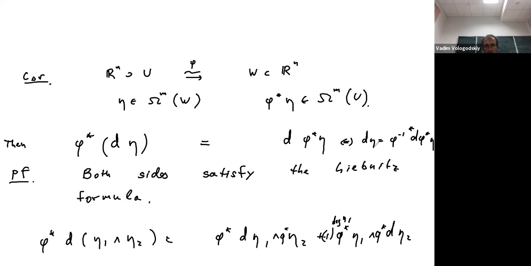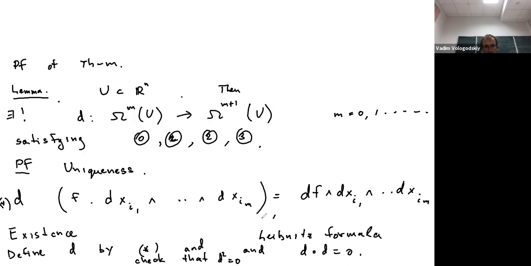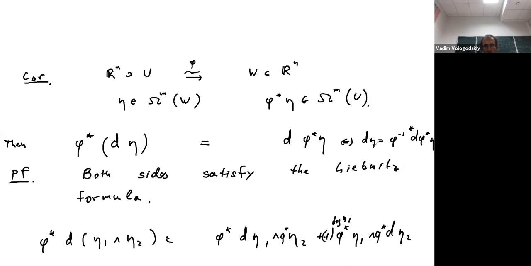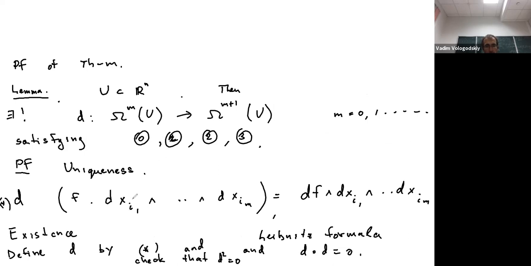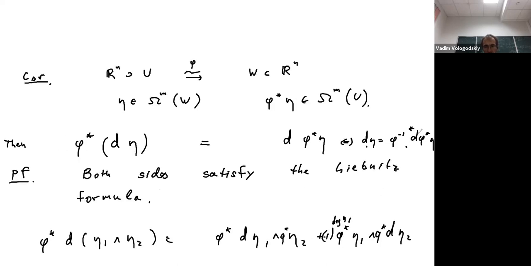Now we could use directly the uniqueness part of the lemma to verify that the left-hand side and the right-hand side enjoy properties 0, 1, 2, and 3. For the left-hand side, we know this by construction, and all you need to verify is that the right-hand side has them, which is straightforward.